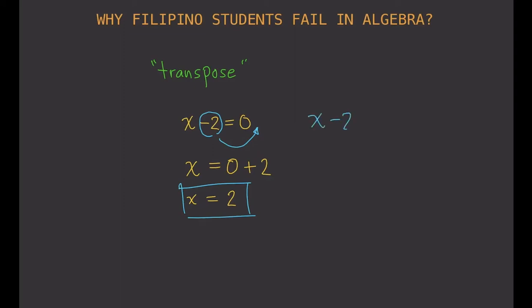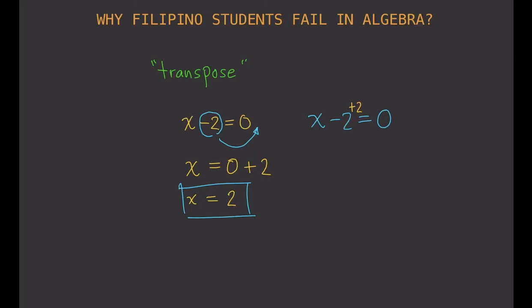I'm going to write it again. So x minus 2 equals 0. Instead of transposing negative 2 to the other side, what you will do is add positive 2 to the left side, because that will eliminate the negative 2. That will cancel out. Negative 2 plus 2 equals 0.